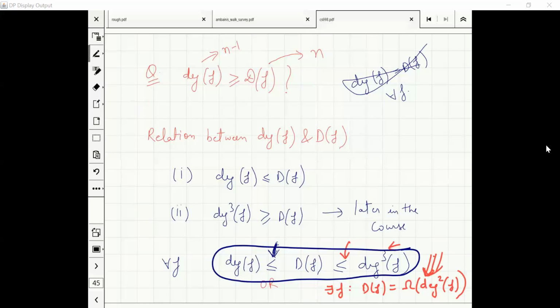This does not mean that for every function d of f is more than degree square. This means there is a particular function for which this happens. Questions about this? I just need 5 more minutes. Should we move ahead? Or are there questions?